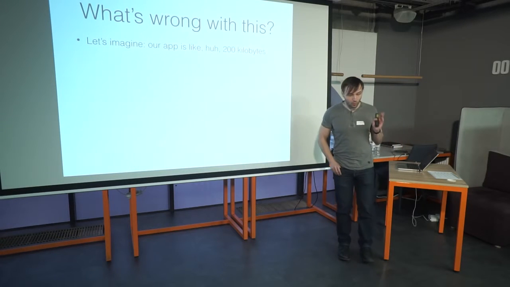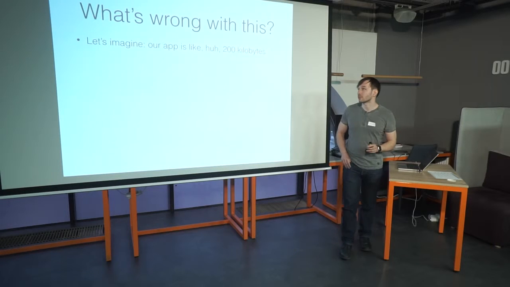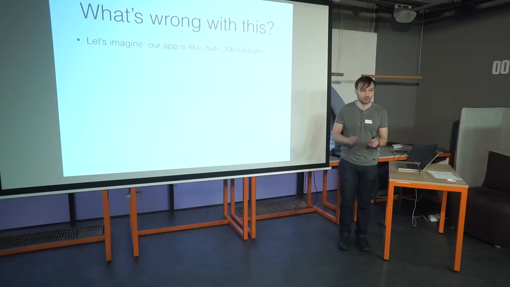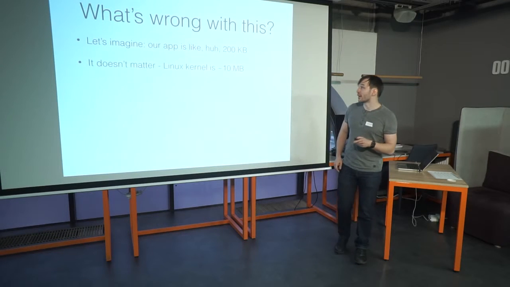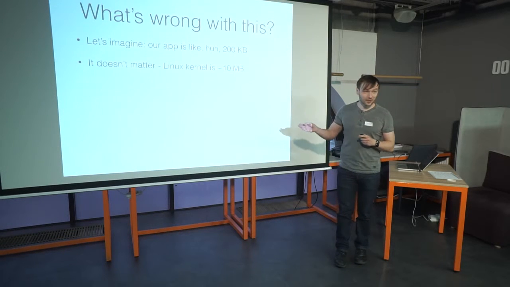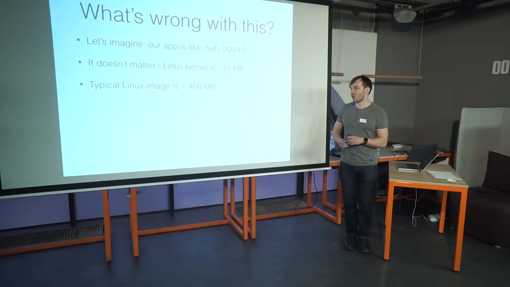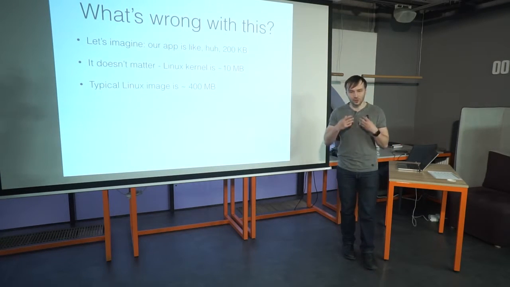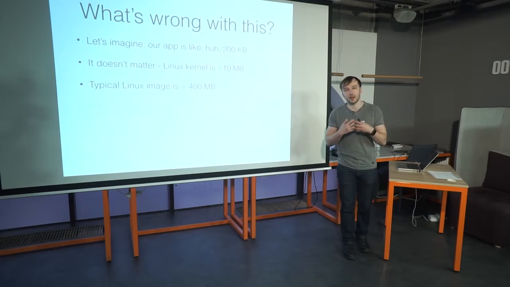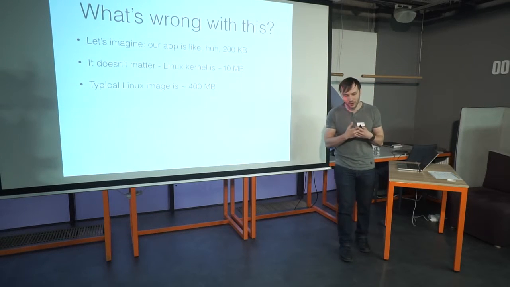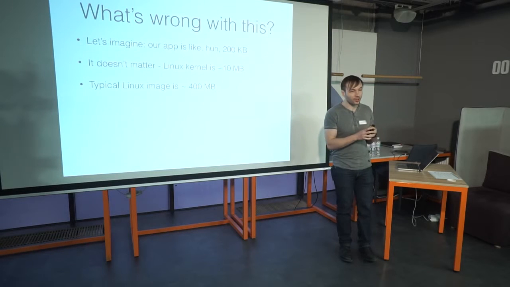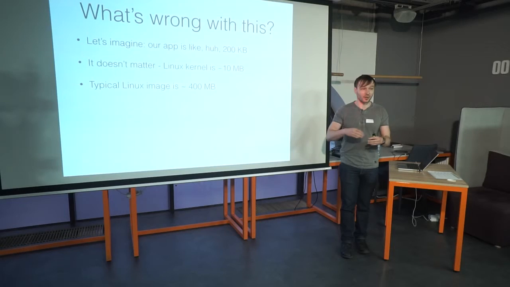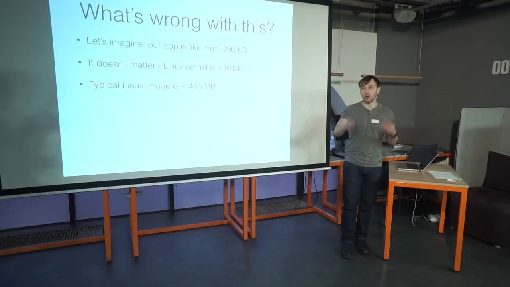What was wrong with this setup? Let's imagine our application is relatively small, relative to the size of the Linux kernel and a typical Linux image. I don't speak about minified images like Alpine, because if you try to deploy something more complicated than a simple web server or hello world, your image will grow and grow and grow again.